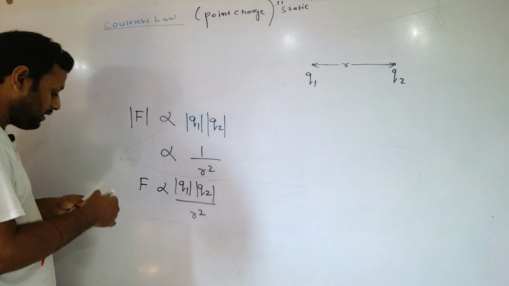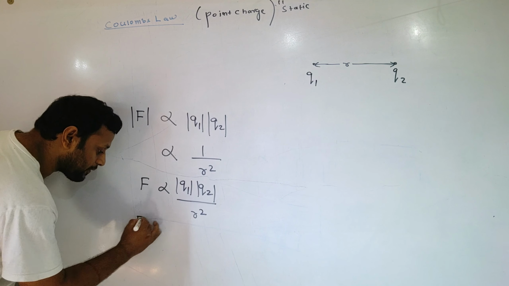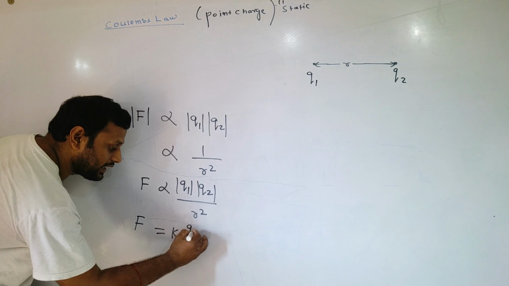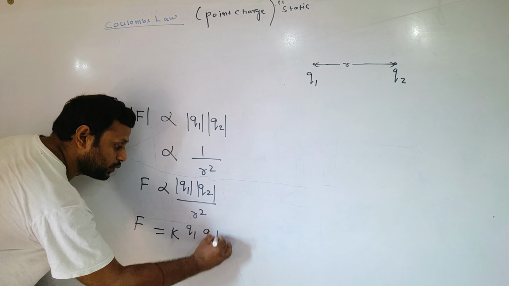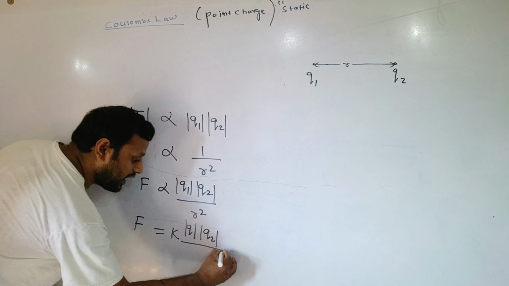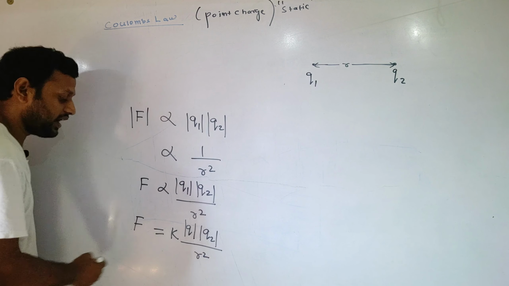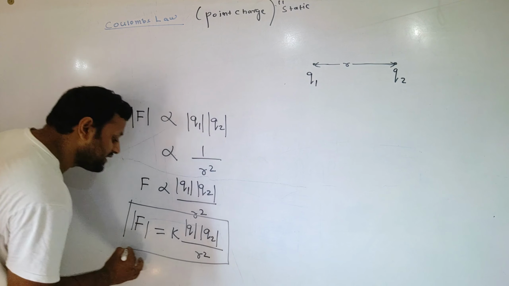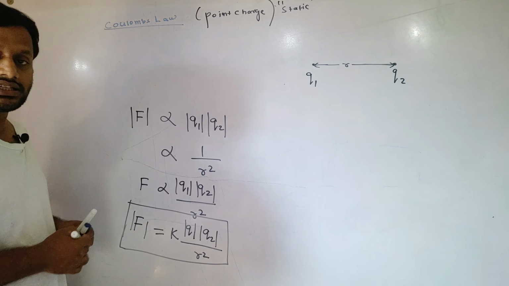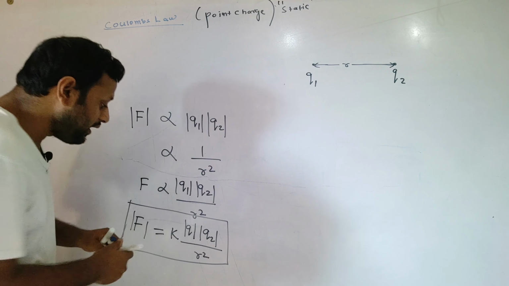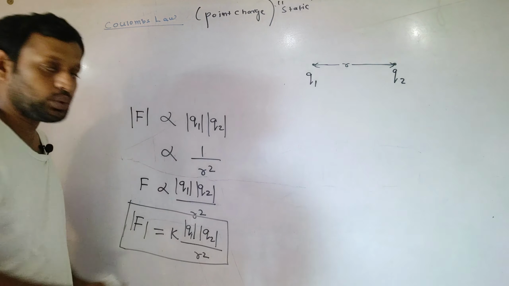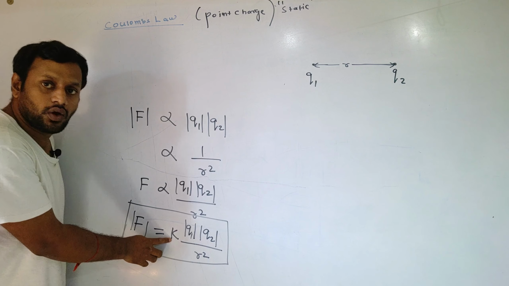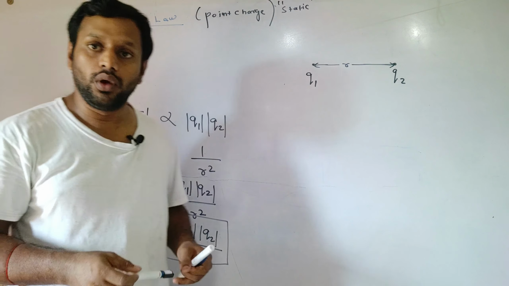Now if I remove the proportionality, the proportionality constant can be introduced by saying F is equal to K Q1 Q2 divided by r square. This is the magnitude of the force between two point charges Q1 and Q2. Here K is called the proportionality constant, or the Coulomb constant.